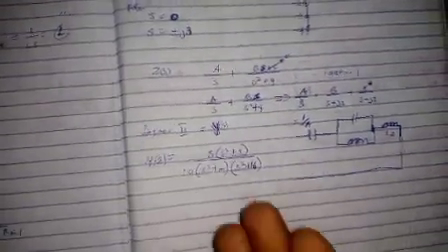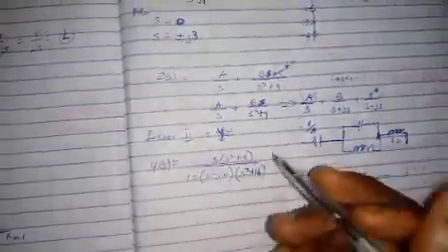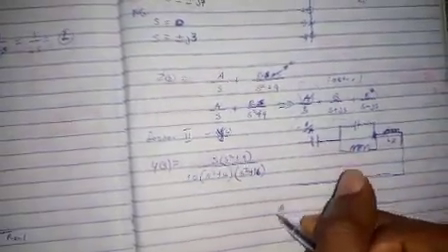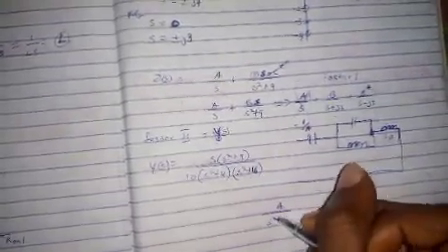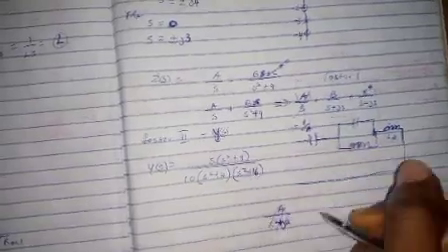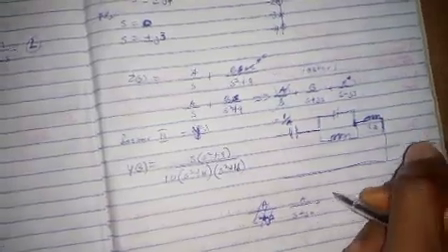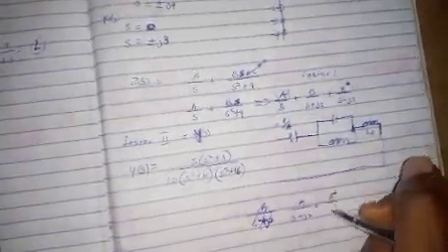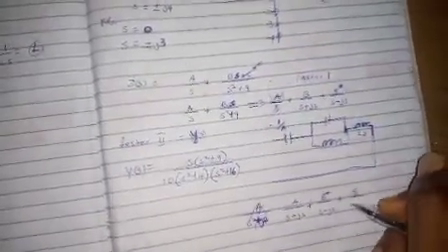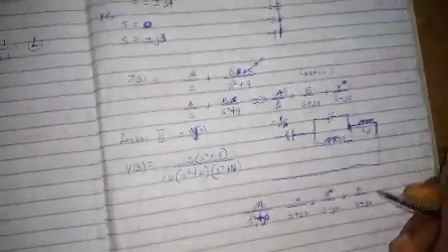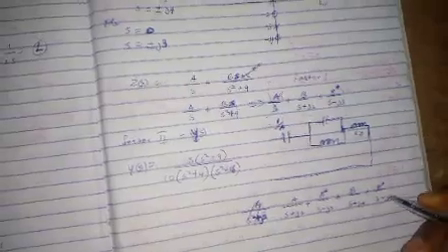For this, you can see that you don't have an s term, which means you'll be having something like a over s squared plus 4. Let me write it again. You have a over s plus j2 plus a conjugate over s minus j2 plus b over s plus j4 plus b conjugate over s minus j4, right?